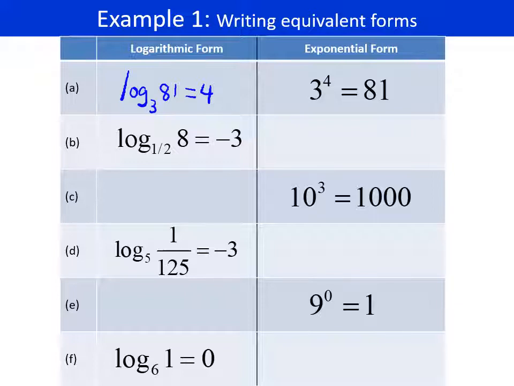In the second one, we're going to do the same process. Number 1, the base is 1/2, the number at the bottom of the log. Number 2, the logarithm is the exponent.